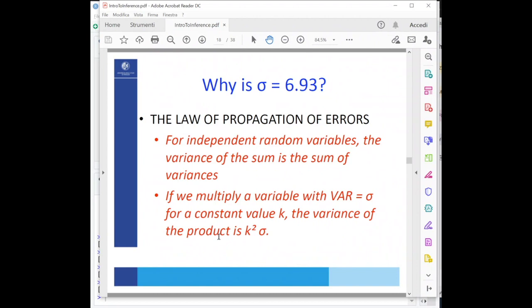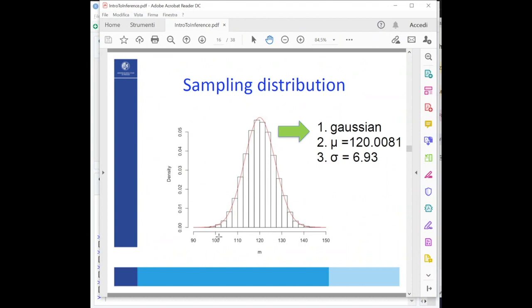Look at here. Look at the tails. Values farther from the mean are very unlikely. Having values farther from the mean for the means is even less likely, because we have to sample three values very far away from the mean to obtain a mean which is far from the mean.